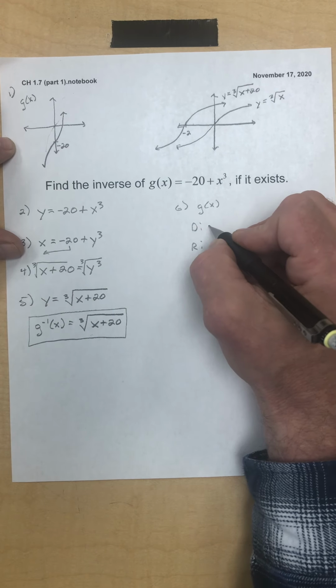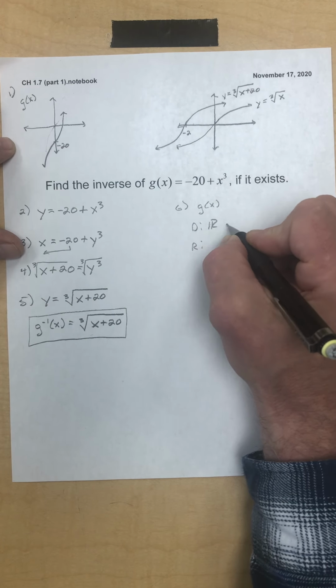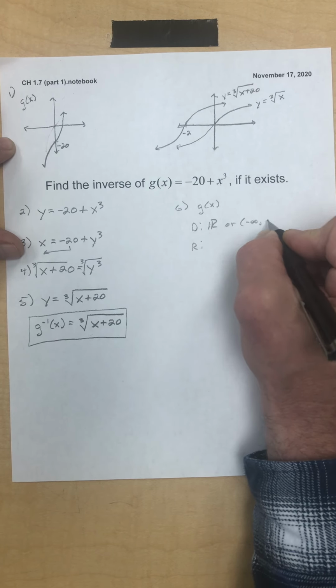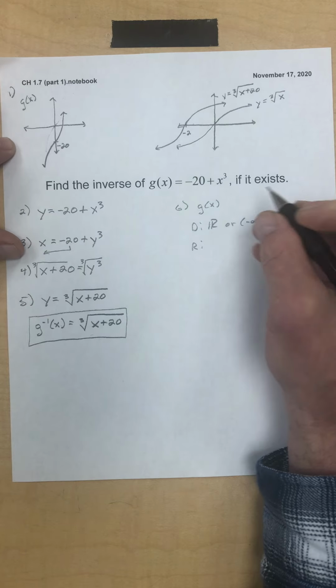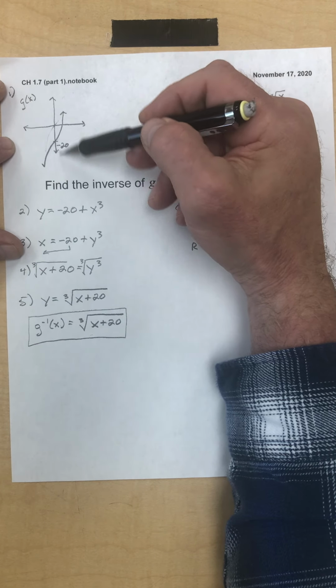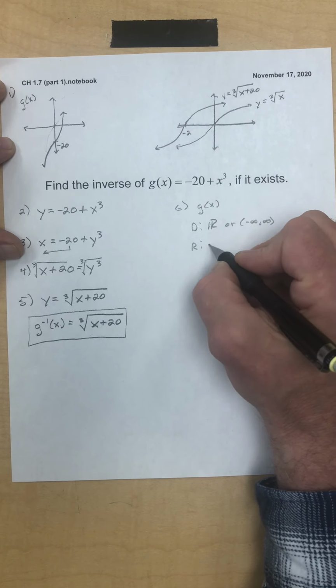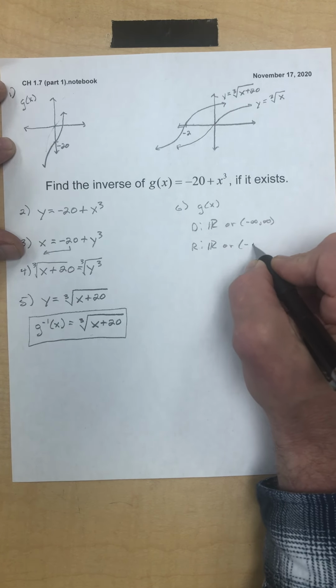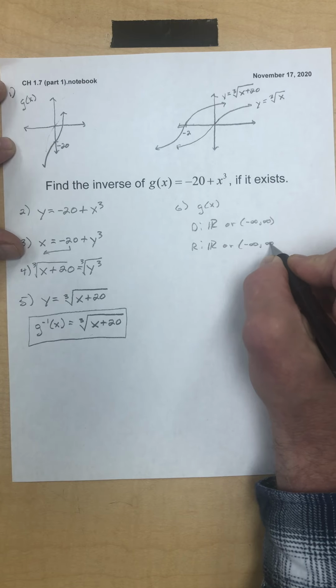So that's the set of all reals, which you could write as negative infinity to positive infinity if you wanted to. Then if we look at the range, notice everything on the y-axis is included as well. So that guy's in good shape. Once again, if you want to go negative infinity to positive infinity, you can.